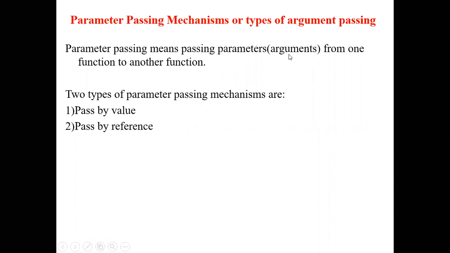Next, coming to a very important concept, the types of argument passing or parameter passing mechanism. Parameter passing means we are passing the arguments or parameters from one function to another function.